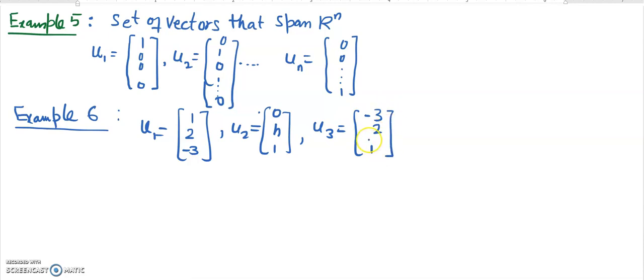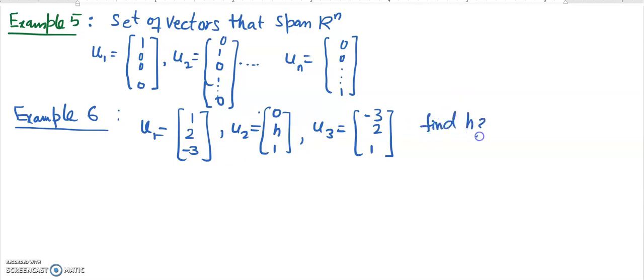What we have to do is find the value of h such that these vectors u1, u2, u3 span R3.